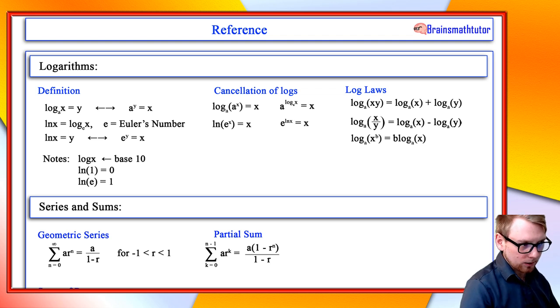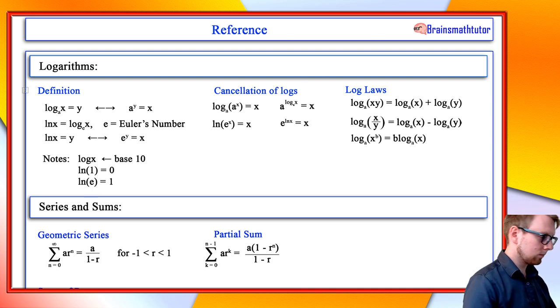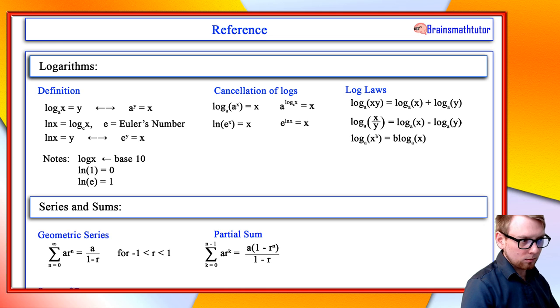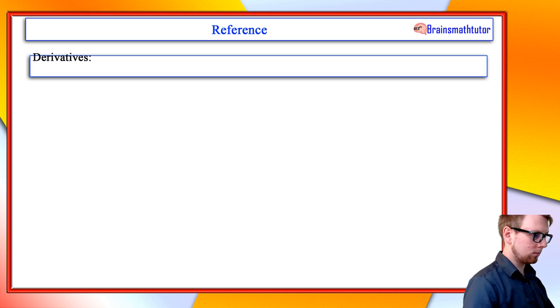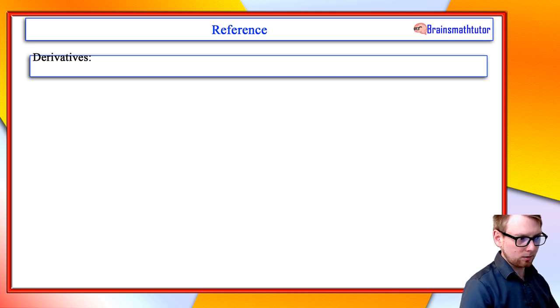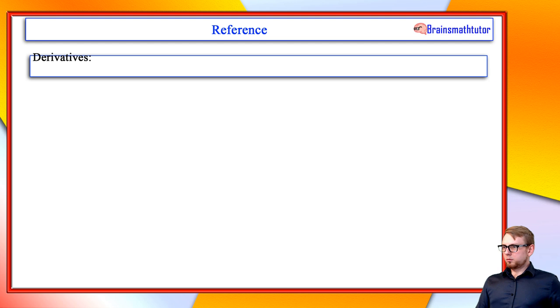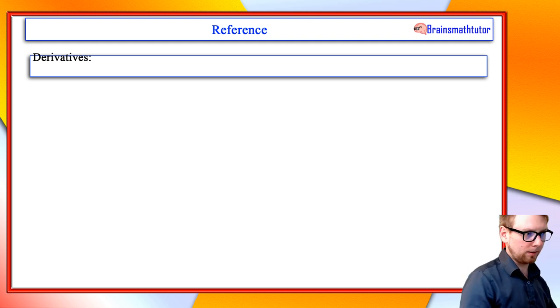I think maybe I should steal our logarithm record. I will do that after. Okay.